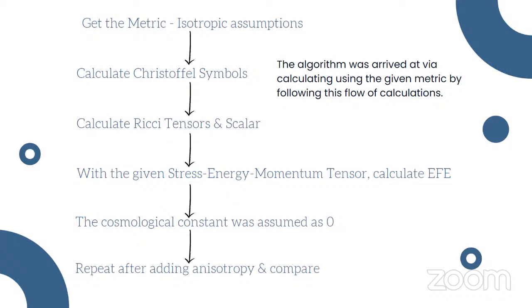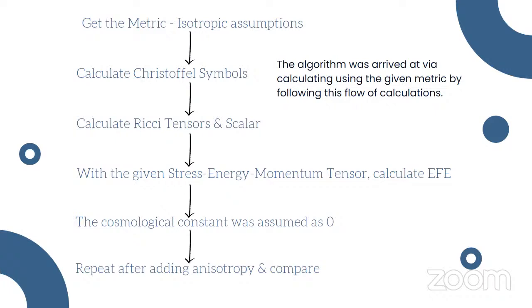In the algorithm, the process we follow is getting the metric with isotropic assumptions. Using that, we calculate the various components of the metric. We calculate Christoffel symbols that help us in calculating the Ricci tensor and Ricci scalar. And with a given stress energy momentum tensor for the radially symmetric mass distribution of fluid within the neutron stars, we solve the Einstein field equation.